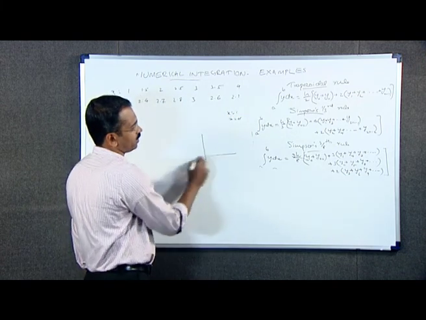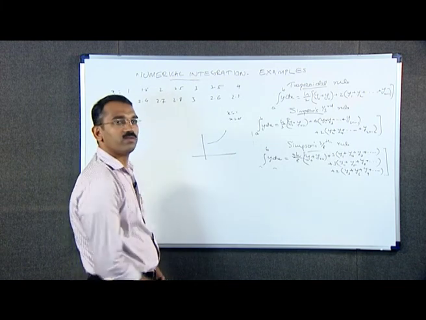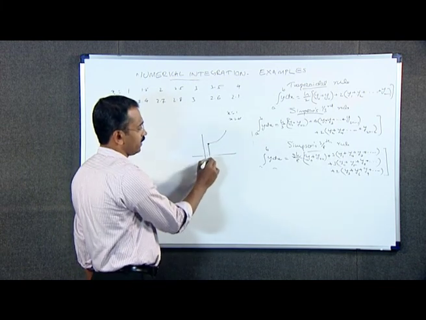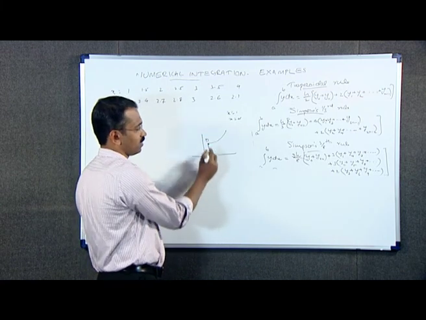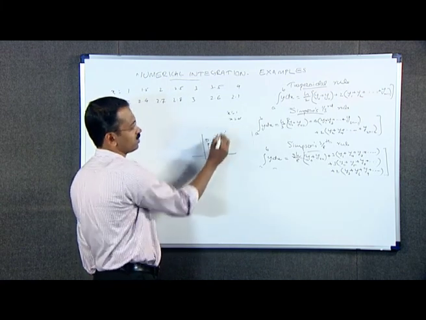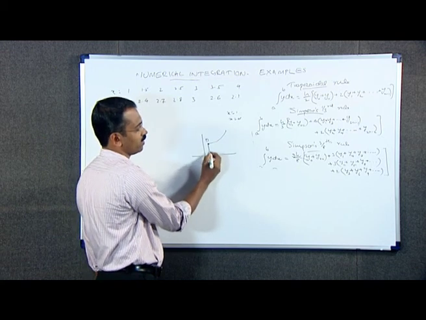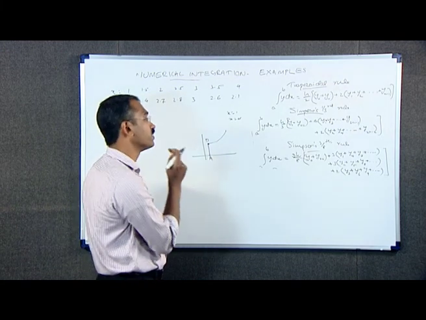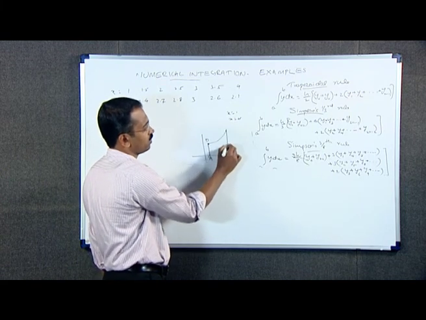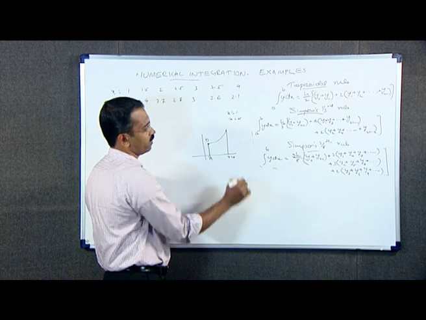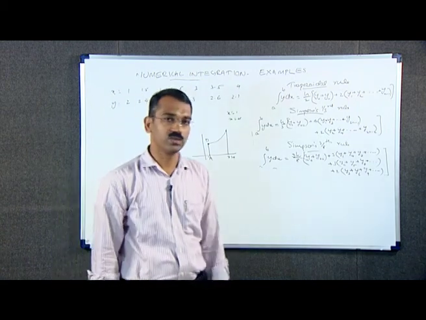Here the curve is like this. We draw dA. This is dA. The corresponding point is x equal to 1. We draw an ordinate at x equal to 1, and at x equal to 4 we draw another ordinate.